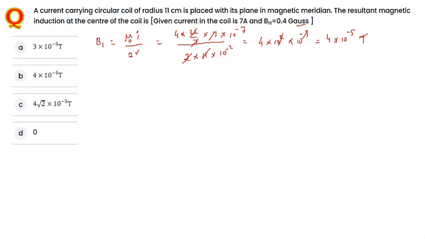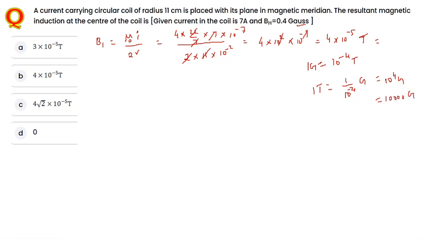One gauss is equal to 10 power minus 4 Tesla. So 1 Tesla is 1 divided by 10 power minus 4 gauss, that is 10 power 4 gauss, or 10,000 gauss. 1 Tesla is equal to 10,000 gauss.